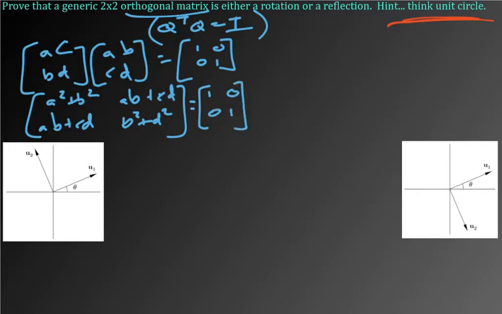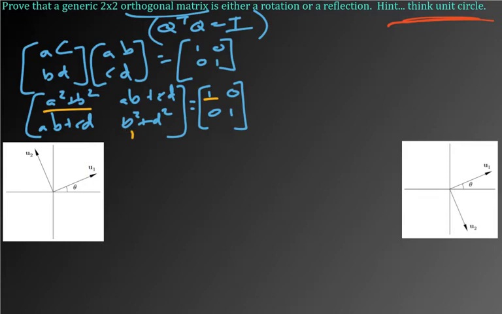So this thing has to equal 1, 0, 0, 1. You can see that A squared plus B squared has to equal 1, and B squared plus D squared equals 1. Let's color code this a little bit.